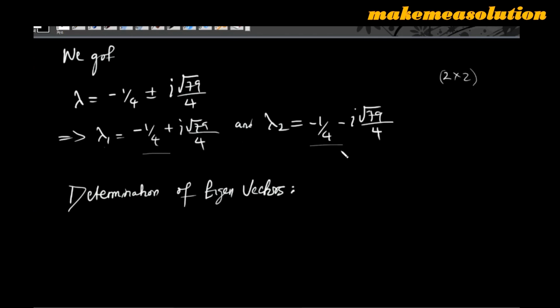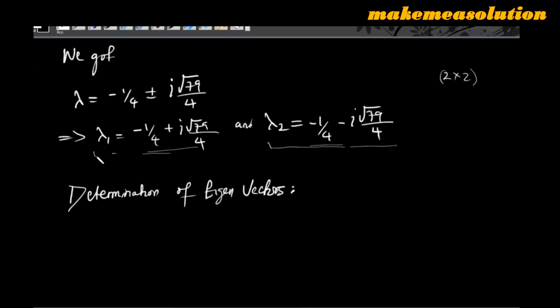Now let me tell you something about complex eigenvalues. When you have complex eigenvalues, if you want to find the eigenvector associated with them, you just need to work with only one of the complex eigenvalues. From that one you can get the second one directly, so you don't need to solve for this one.